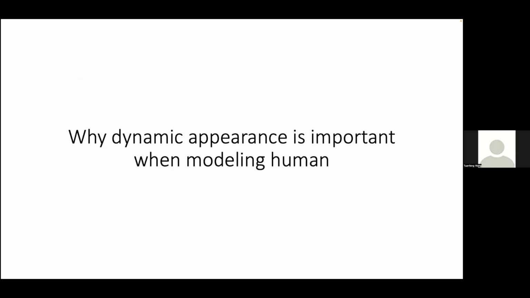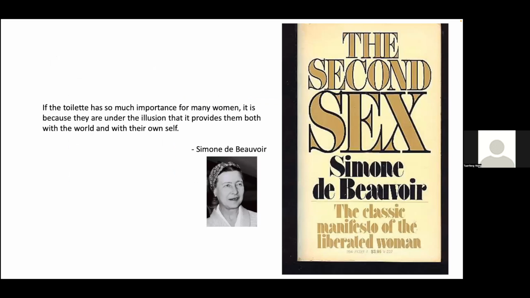So why is dynamic appearance important when modeling humans, and what motivated us? Let's first talk about some high-level stuff. Let's see what great philosophers say about this. Here I'd like to quote from Simone de Beauvoir's famous book, The Second Sex.